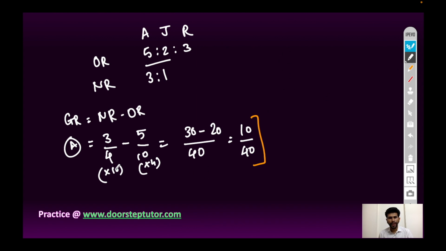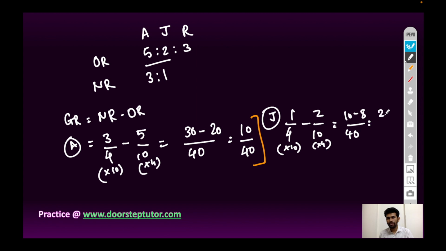And gain ratio of Mr. Jitu will be new ratio, that is 1 by 4, minus old ratio, that is 2 by 10. 10 into 1, 10, minus 4 into 2, 8, so 2 by 40. 10 by 40, 2 by 40, that is 10 is to 2 or 5 is to 1.